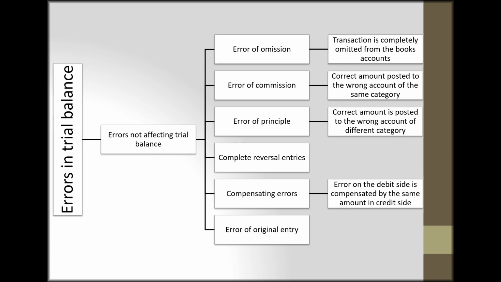Everything is consistent, except that maybe there's an error in the original entry where you recorded the wrong amount or the wrong account. So that's all for the errors not affecting the trial balance.